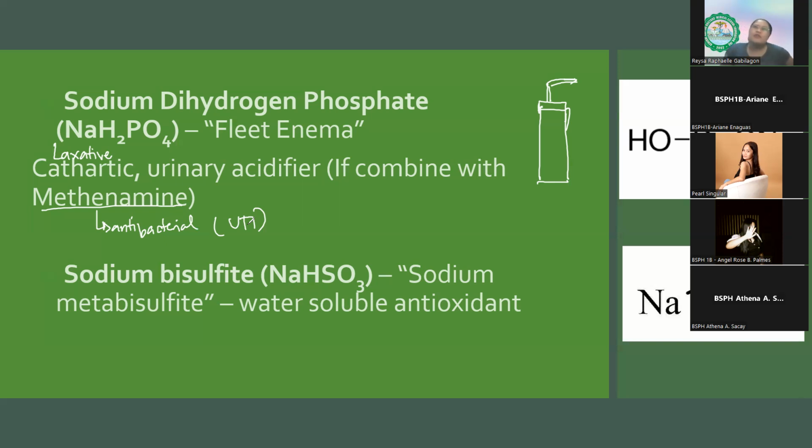Okay? So those are just triggering factors. Therefore, if naka-experience ka na ng UTI, those foods are to be avoided. Pero kung hindi ka pa naman naka-experience ng UTI, you really just have to be hygienic para hindi ka maka-experience ng UTI. Or kung naka-experience ka naman, maging hygienic ka din.